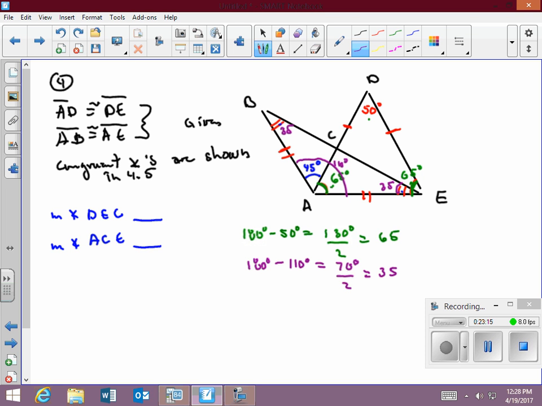Now we can actually calculate ACE, because we got 35 and we got a 65 in the triangle ACE.